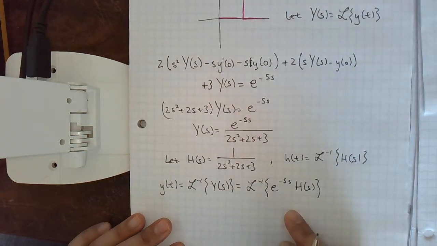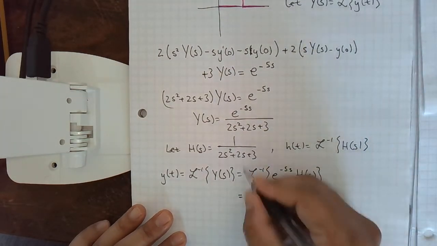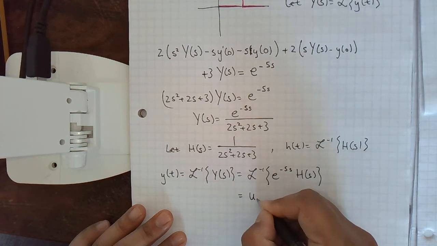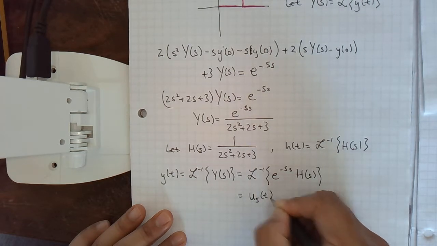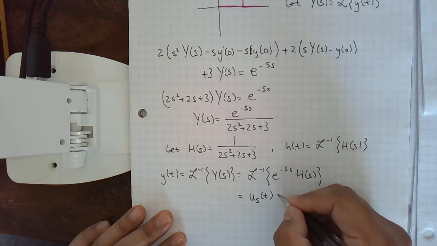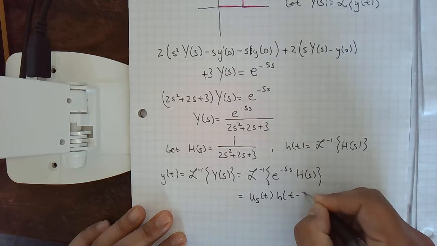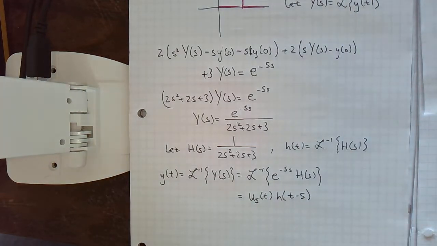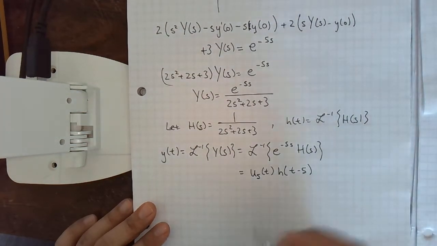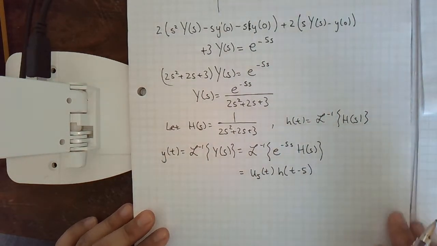And then we're going to use a property from a previous video, maybe about a week ago, that says this inverse Laplace transform is the unit step function at 5 coming from there, times little h, so the inverse Laplace transform of big H, but shifted up to 5. We showed that property about a week ago. Okay, so now if I can find my little h, I can find my little y. So let's do that.